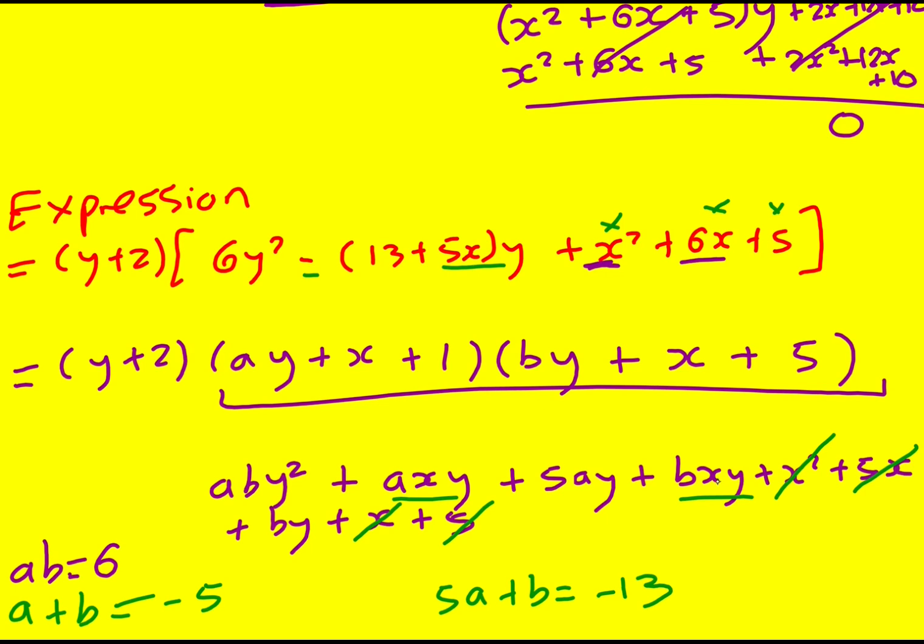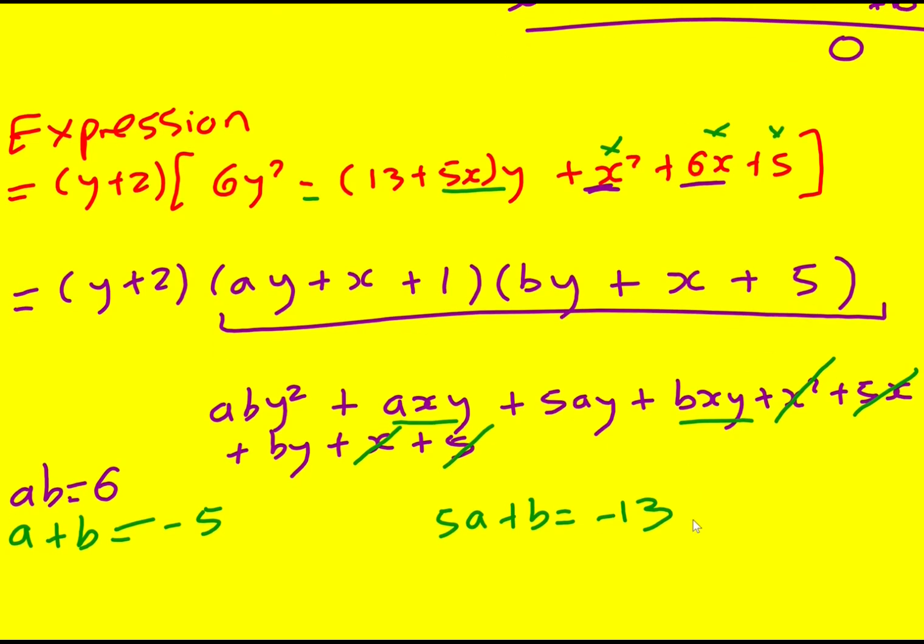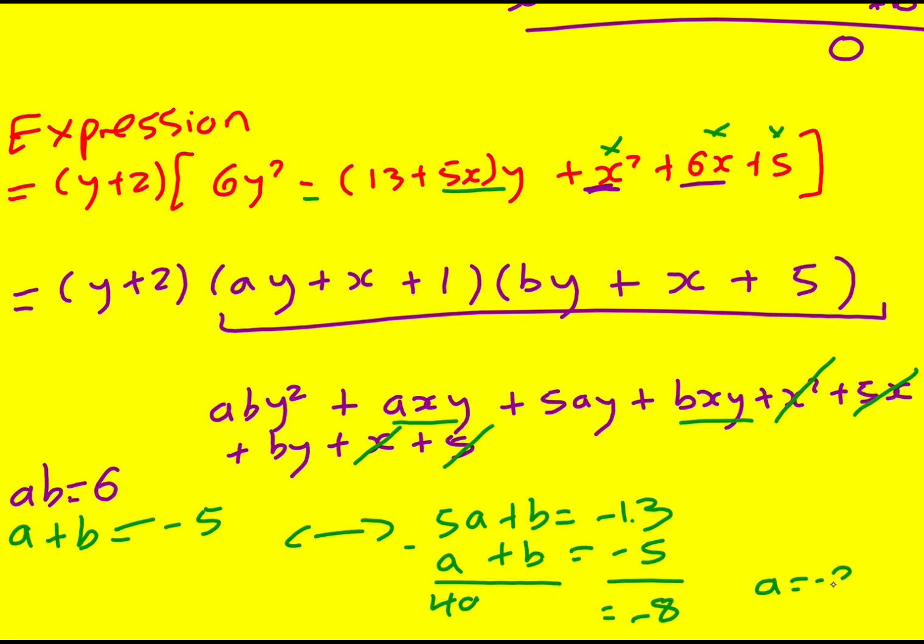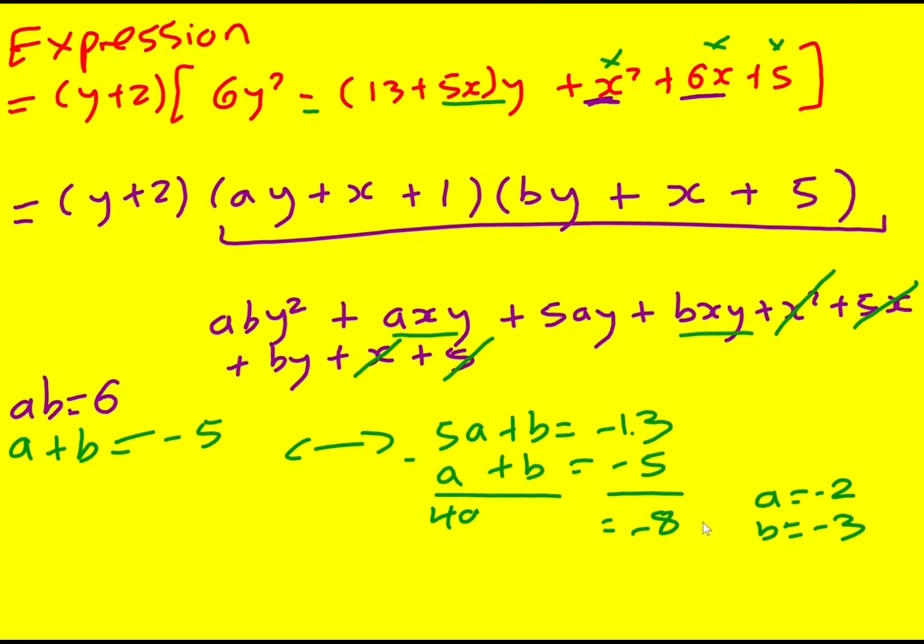And is that everything? I think that's enough anyway. So now I can solve these two simultaneous equations. I can subtract them, if I just write it underneath. So 4a, if I subtract them, is going to equal minus 8, meaning that a is minus 2. So b will equal minus 3. Everything checks out, I think.